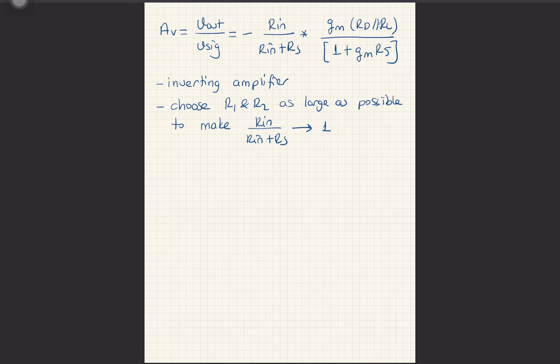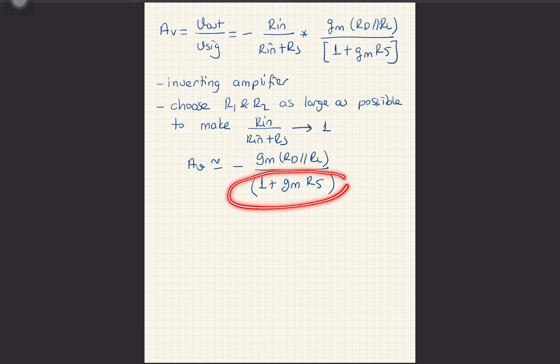And if that is the case, if you're a good designer and you choose them properly, you can write AV approximately equal to minus Gm Rd in parallel with RL divided by 1 plus Gm Rs. And when you compare it with the common source amplifier, because of degeneration, you have this extra term. The gain of a common source amplifier is decreased by 1 plus Gm Rs.